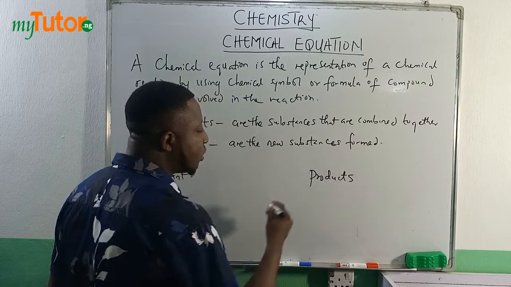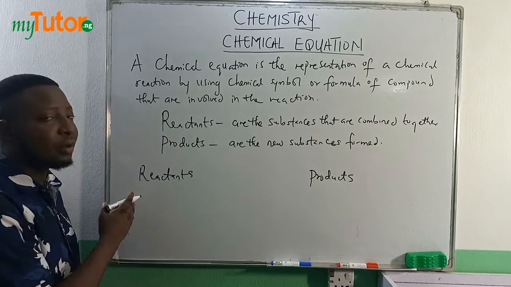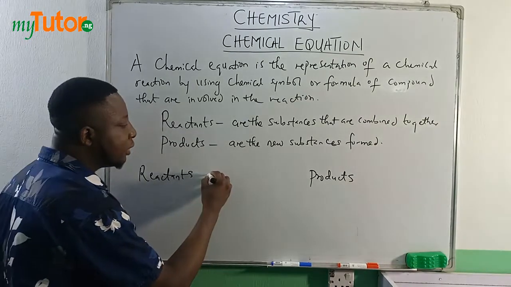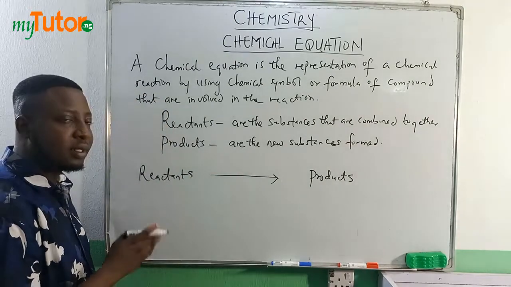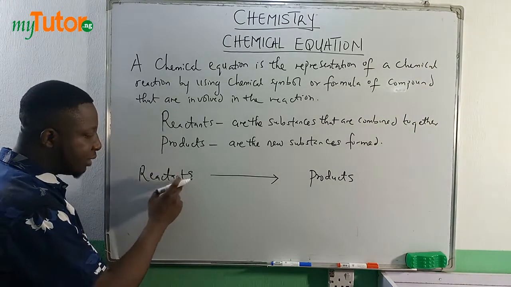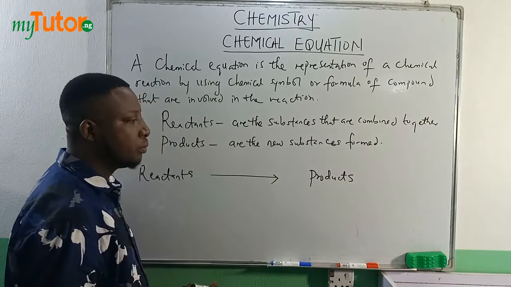And the two components are separated by an arrow. The arrow indicates the direction of the chemical reaction, that the reactants are combined together to give us the products.